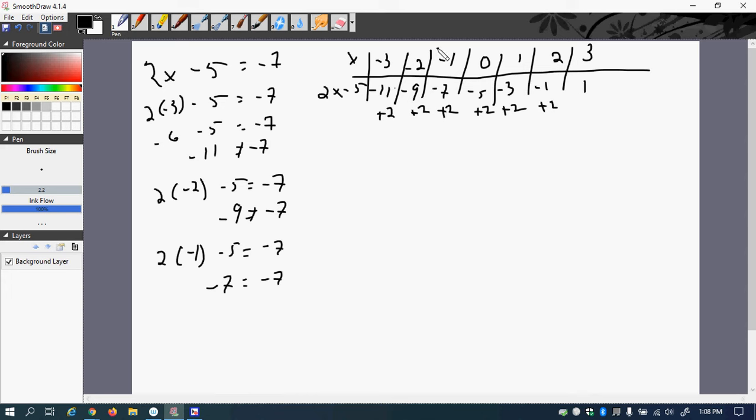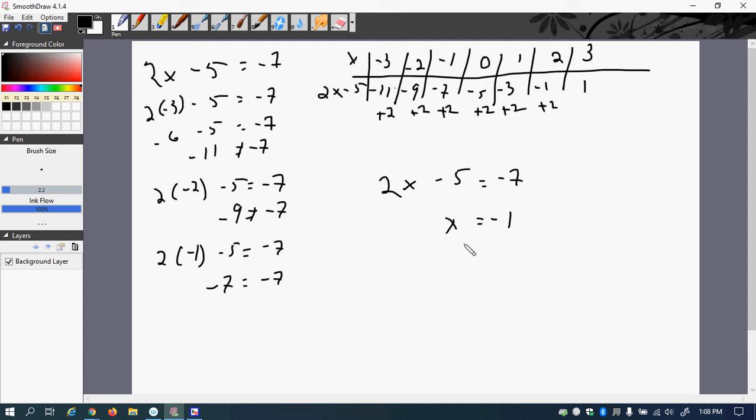But then my answer is right here, and I didn't circle that very nicely. But this is my answer right here. So I now know that the solution of 2x minus 5 equal to negative 7 is x equal to negative 1. Okay?